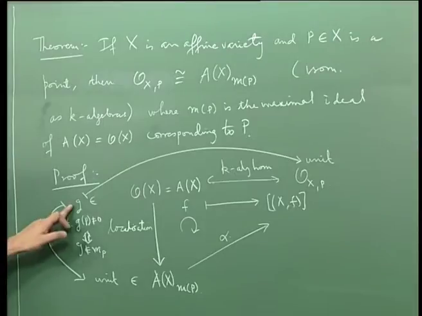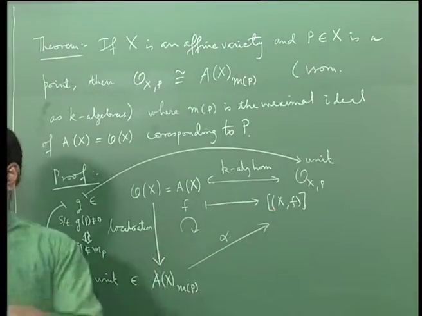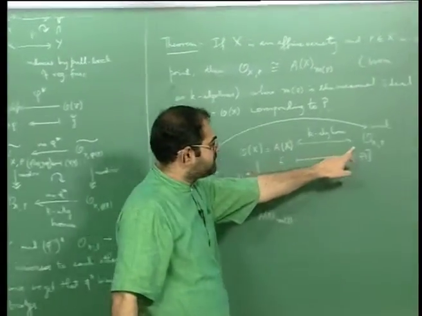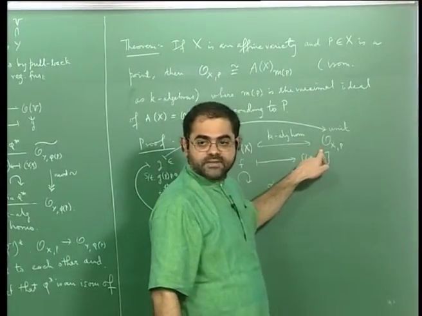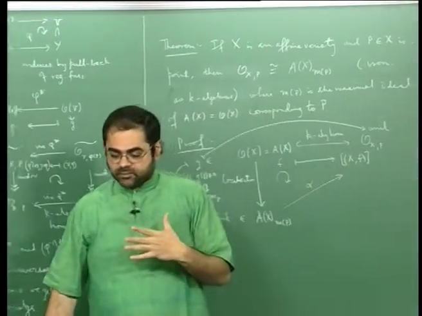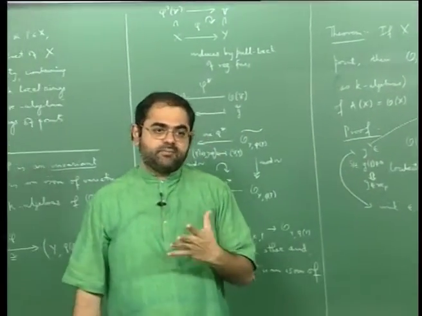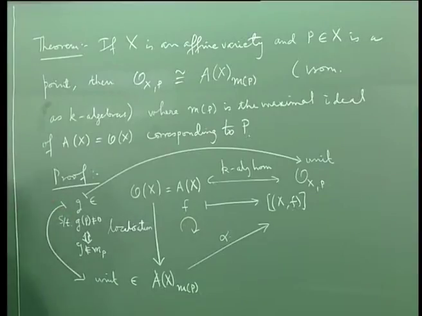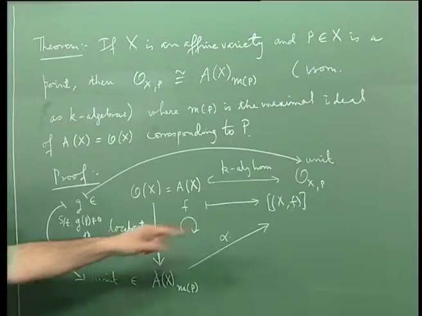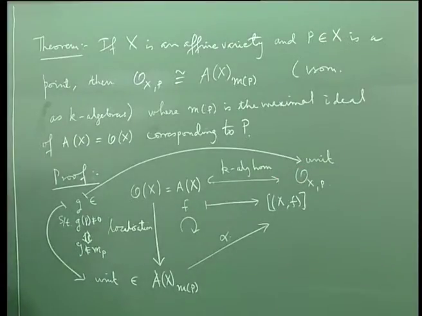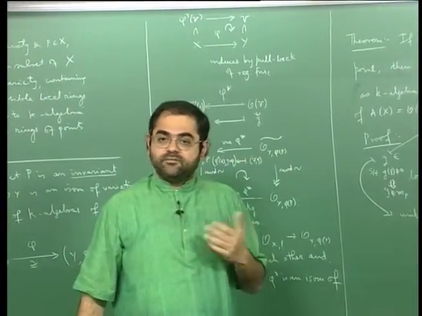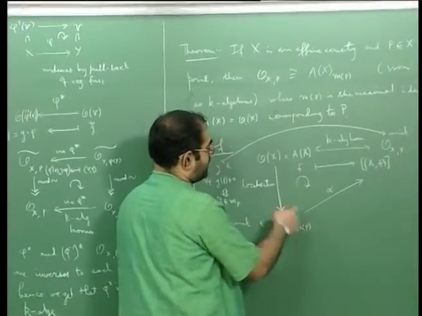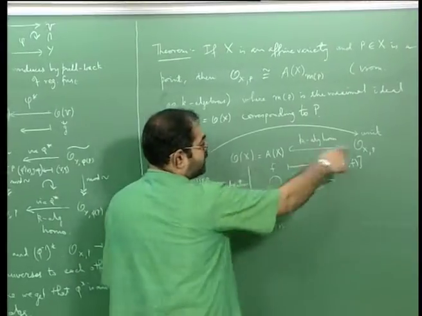Why? Because G will go to the germ of x comma G, but the germ of x comma G will not belong to MXP, which is supposed to be the germs of all those regular functions which vanish at P. But G does not vanish at P, therefore the germ of G in the local ring is an invertible element, a unit. So every element outside the maximal ideal MP goes to a unit here.